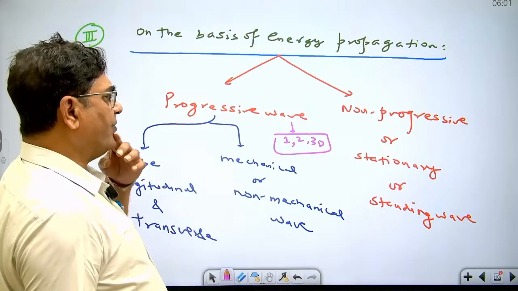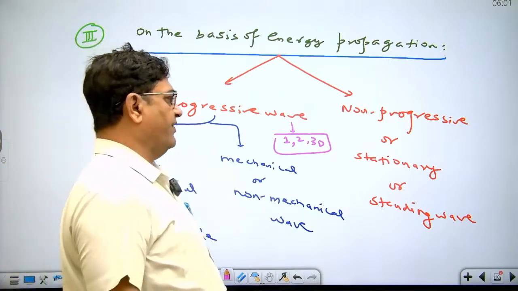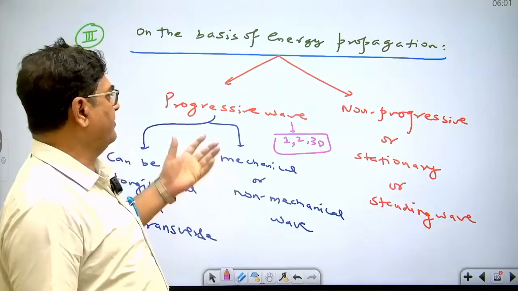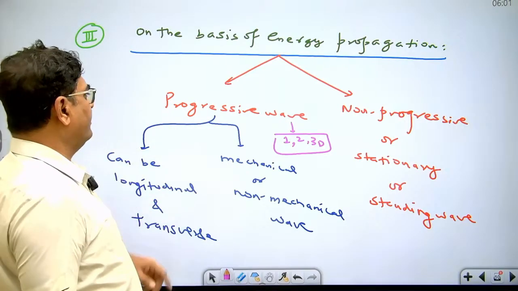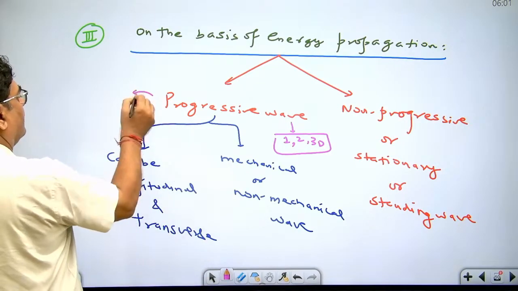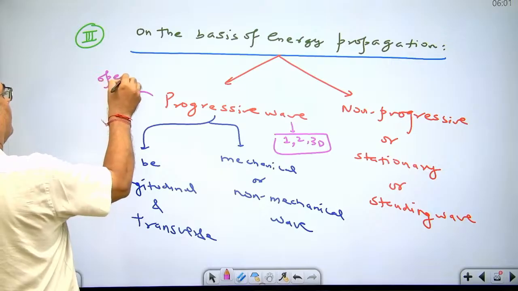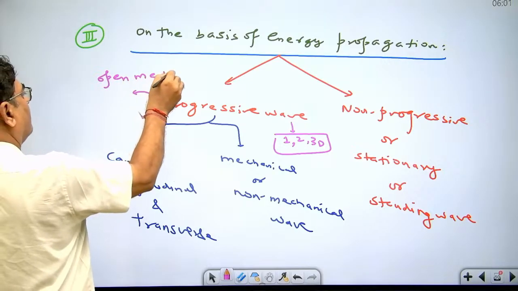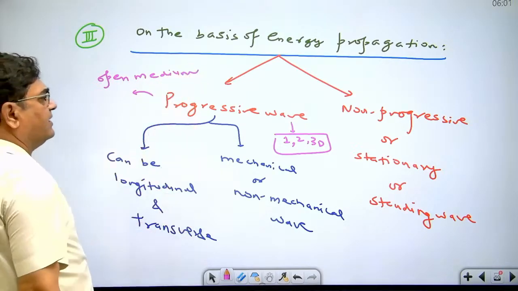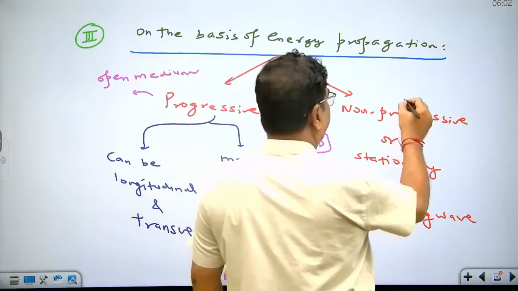And what about non-progressive wave? Non-progressive wave is a wave which is formed in the bound medium, and progressive wave is formed in open medium. They are formed in open medium. And the non-progressive wave is formed in bound medium.